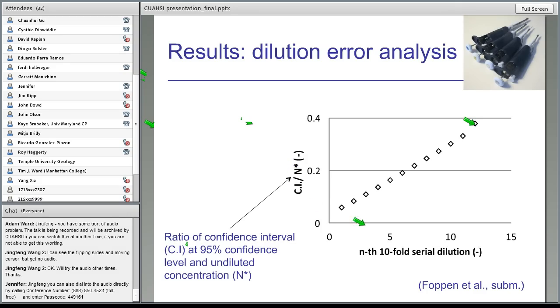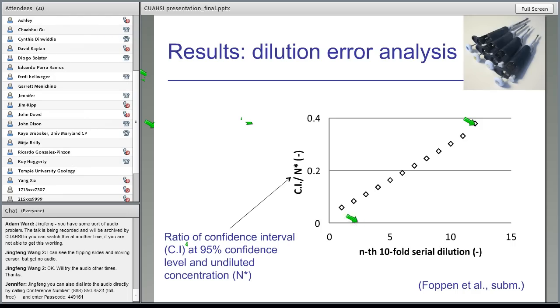What you see is that due to dilution errors with your pipetting equipment and due to the Poisson sampling error, after dilution 5 you have a confidence interval of about 15% of your original undiluted concentration.